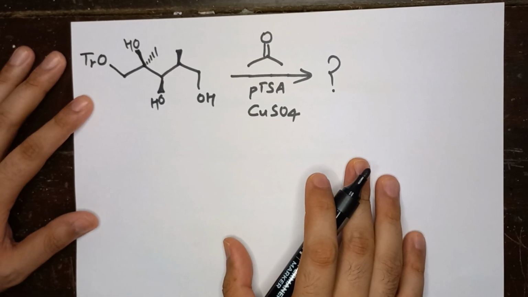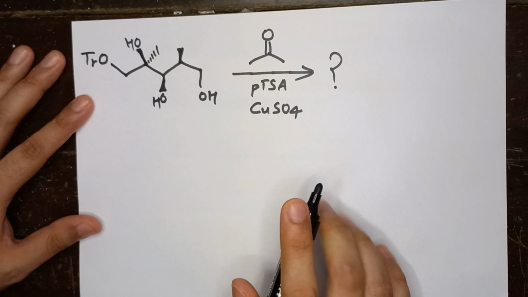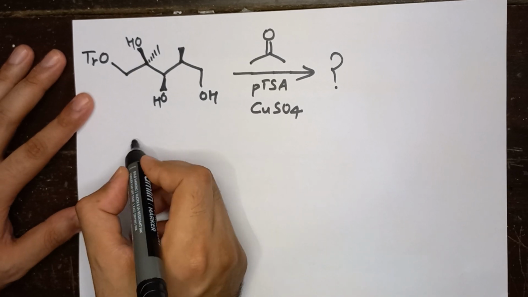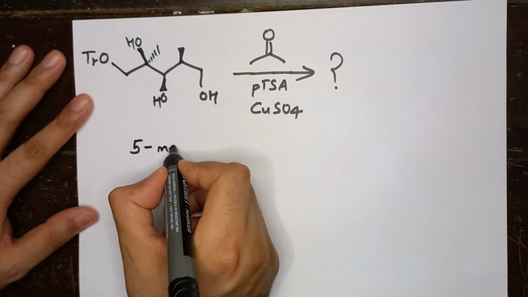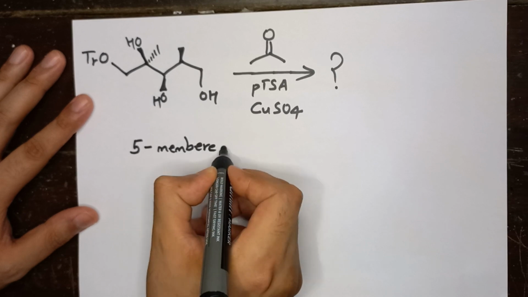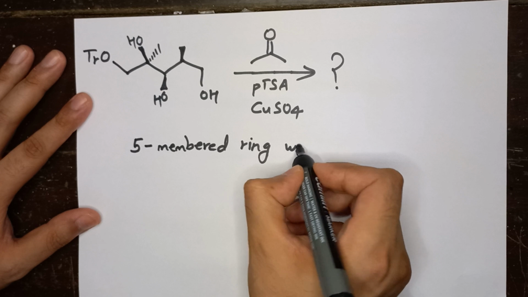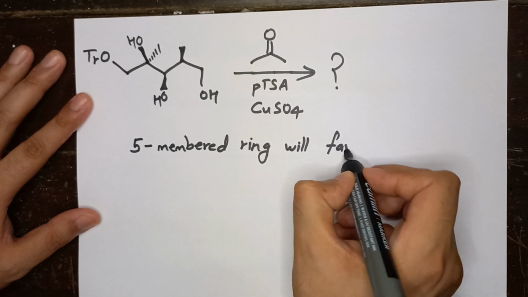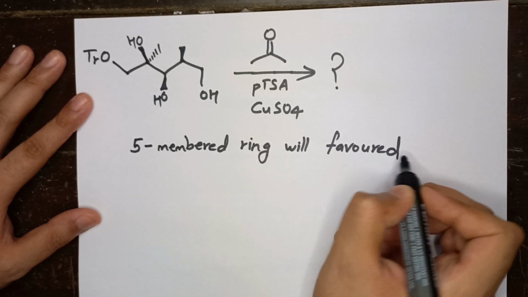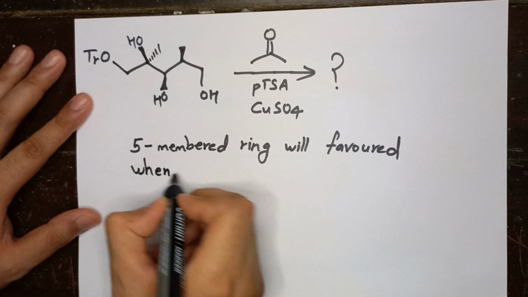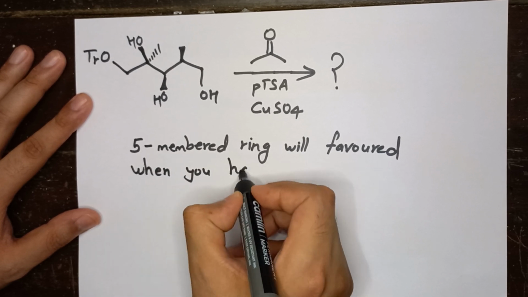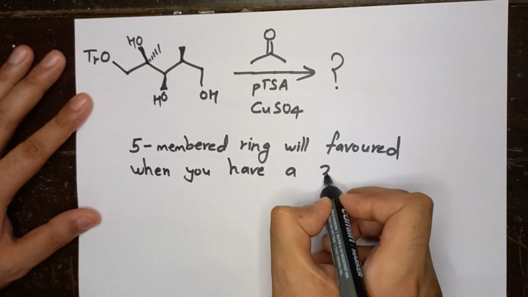But before you start solving it, I want you to know that the formation of a 5-membered ring will be favored when you have a 3-degree alcohol.